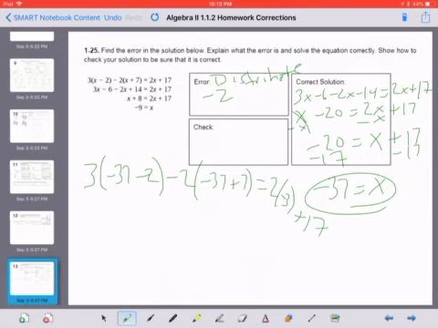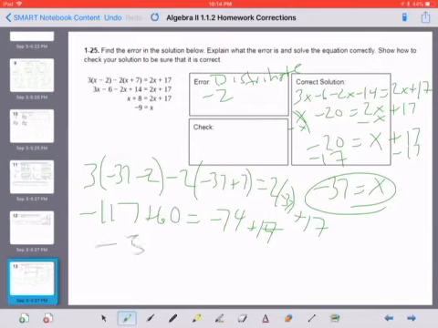So we get -117 plus 60 equals -74 plus 17. So then we get -57 equals -57. So it does check out.